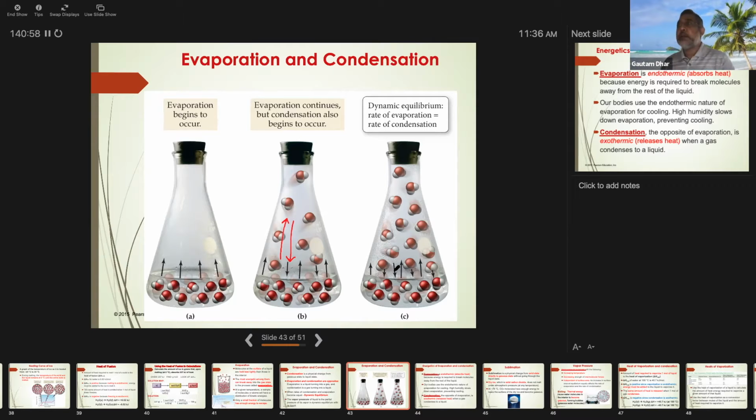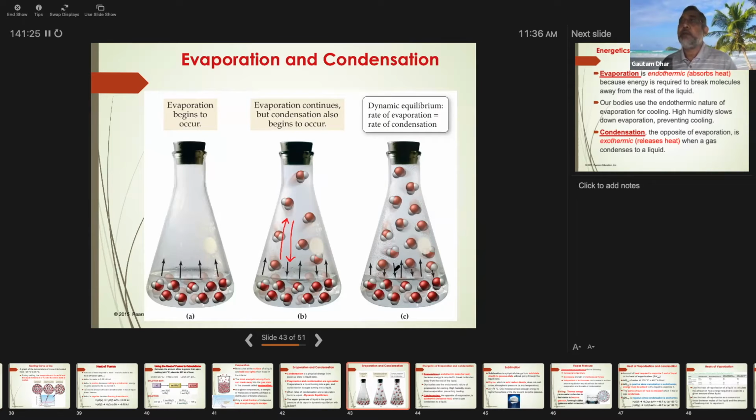And this is called dynamic because you will see nothing is changing. Nothing is changing apparently, but the two processes are going on in equal and opposite directions. It's like the freeway. The cars are moving in both directions. That's why no car is accumulating. If somebody is counting the cars over a unit area, they will see the number of cars is the same.